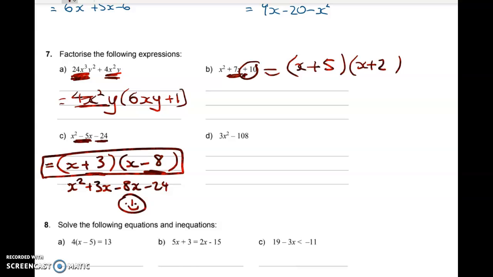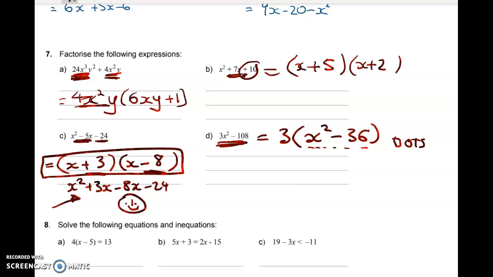Okay, so you don't have to write all of this, but this is a useful habit to get into to check them back. Now in this next one here, first we have to take out the highest common factor in the numbers, which is 3. So we get 3 times x squared minus 36. And hopefully, if you're watching this, you spot that this is our difference of two squares pattern.